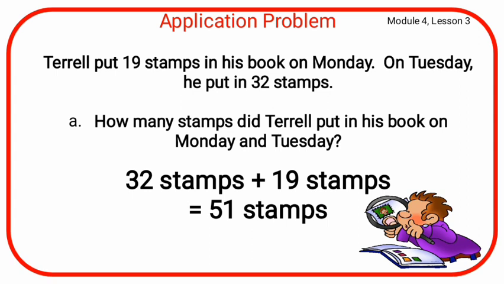I'm actually saying 32 stamps plus 19 stamps. So 3 tens plus 1 ten is 4 tens. 2 ones plus 9 ones is 11 ones, which is 1 ten 1 one. So I bring in the ten and add to my 4 tens, and that gives me 5 tens 1 one. In other words, 32 plus 19 is 51.